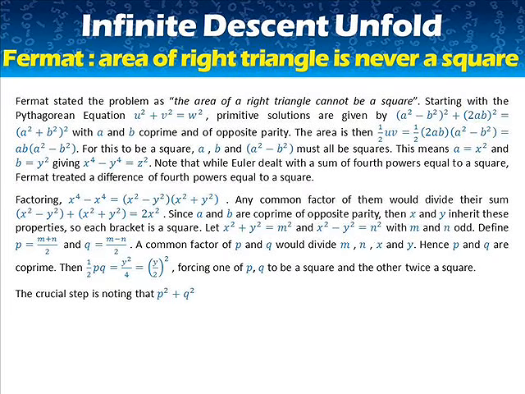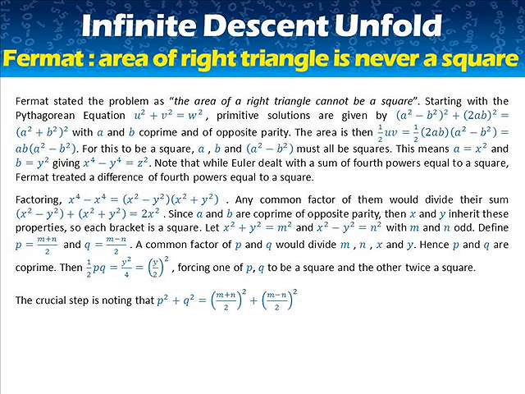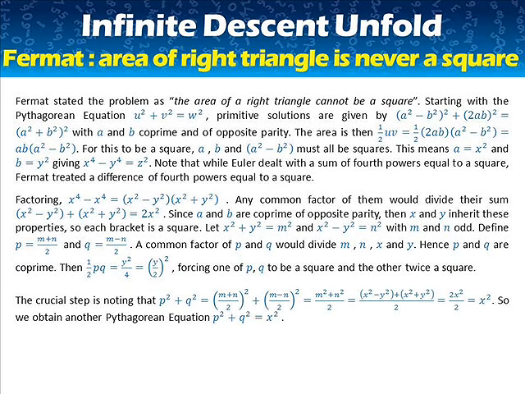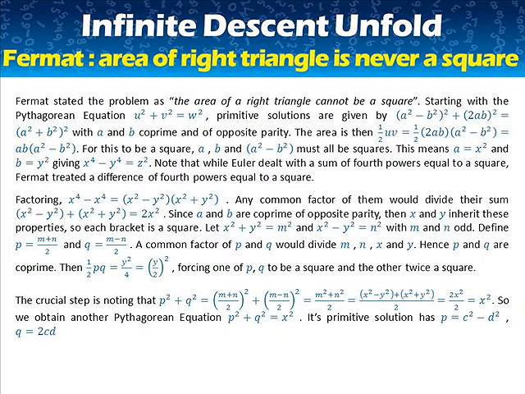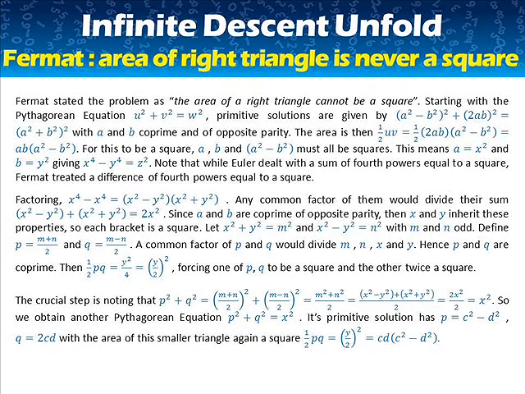The crucial step is noting that p squared plus q squared equals a square too. So we obtain another Pythagorean equation. Its primitive solution has p equals c squared minus d squared and q equals 2 times c times d, with the area of this smaller triangle again a square.